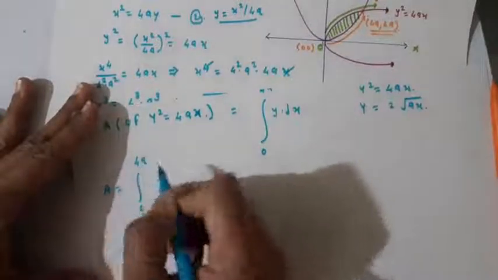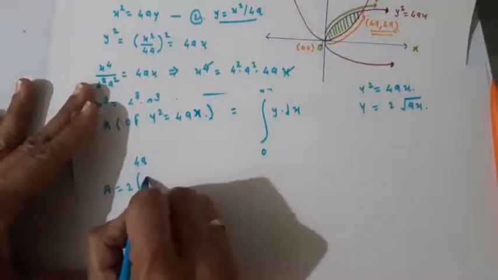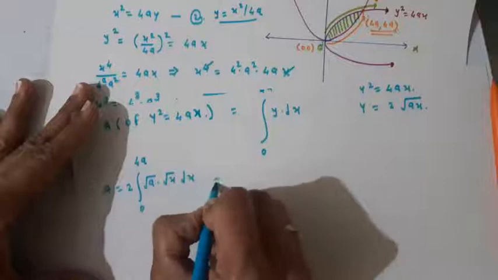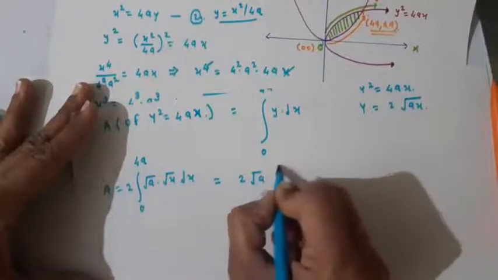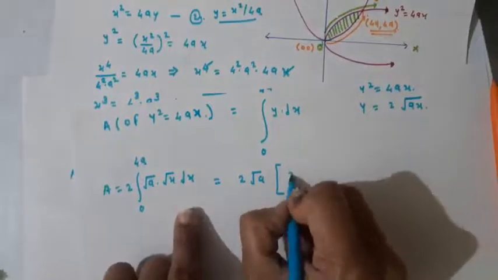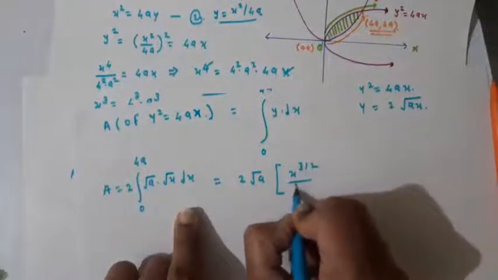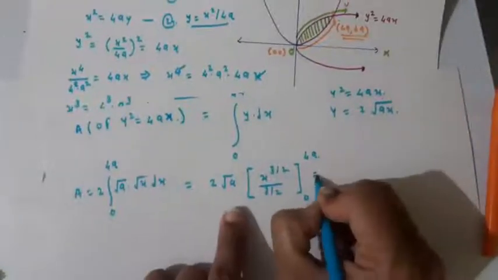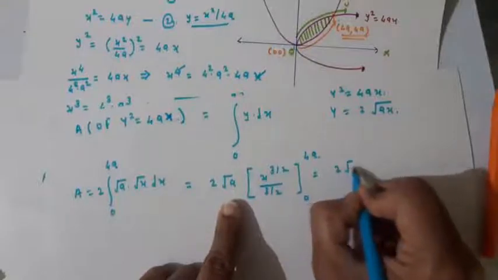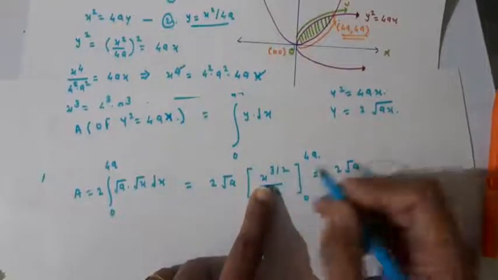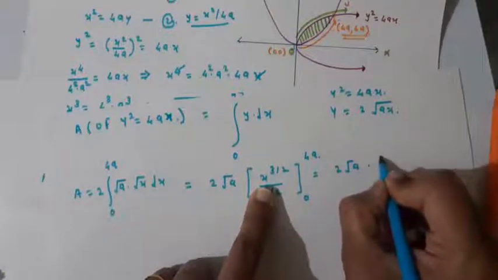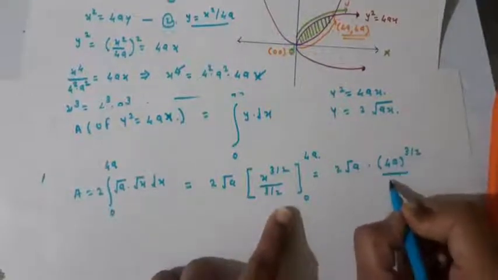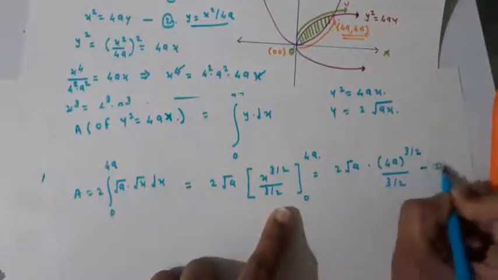And therefore this area equals, from 0 to 4a, 2 outside the integration, root a as a constant, root x with respect to x. And this is equal to 2 root a, integration of root x is x raised to 3 by 2 upon 3 by 2, limits of integration 0 to 4a. This is 2 root a times 4a raised to 3 by 2 upon 3 by 2 minus 0.